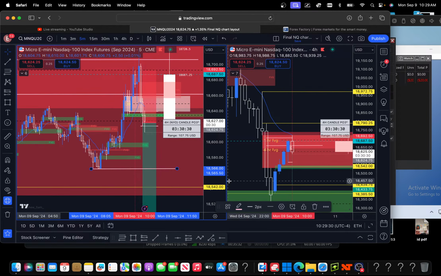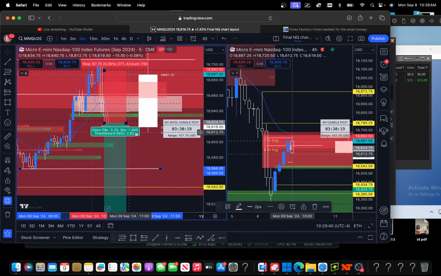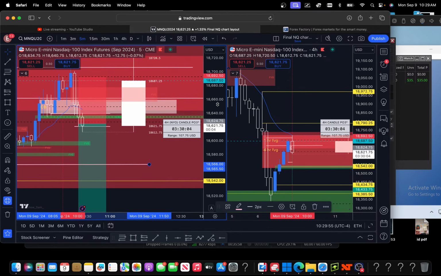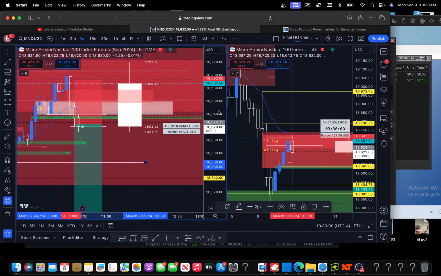We have 542 would be nice. 23 seconds left for the entry, for y'all waiting on the inverted value gap. 17 seconds, 13, 12. 2, 1, y'all should be entering now.